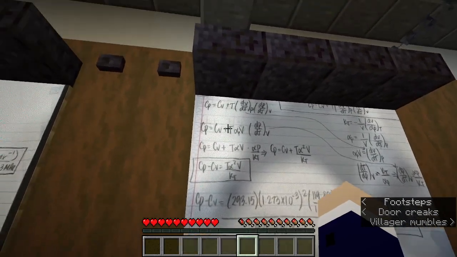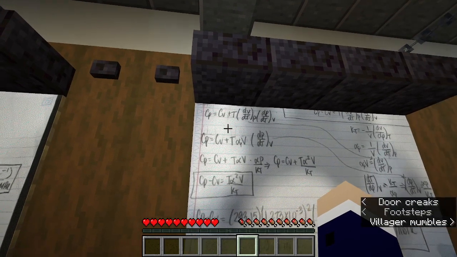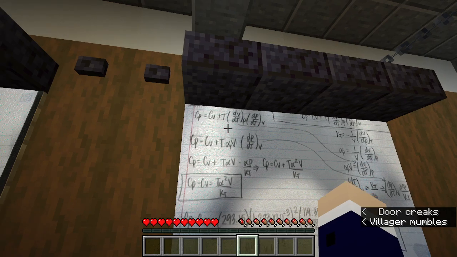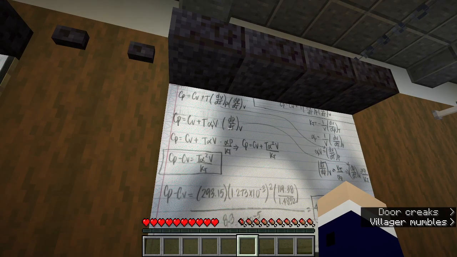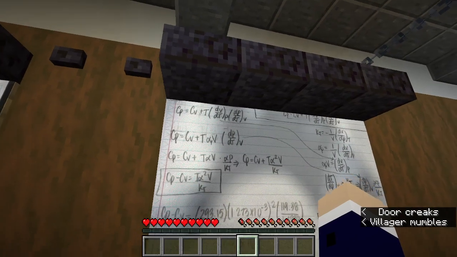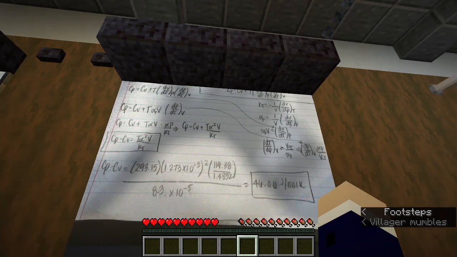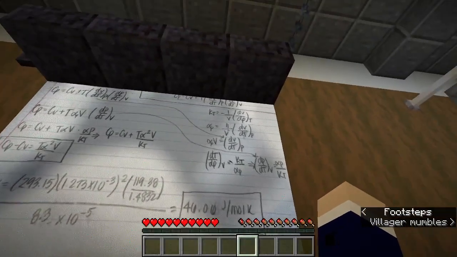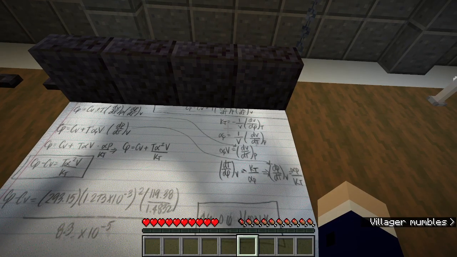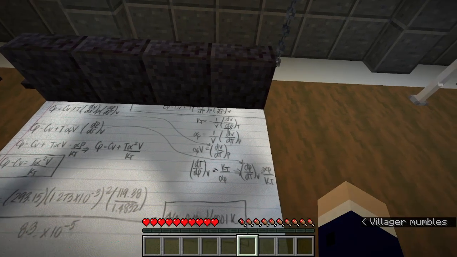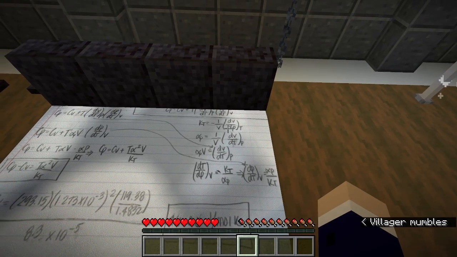So now we go from here. We have Cp equals Cv plus T times dV over dT at constant P times dP over dT at constant V. Luckily, we know that we have two equations here that we can use. We have kappa T equal to negative 1 over V times dV over dP at constant T, and that can be manipulated.